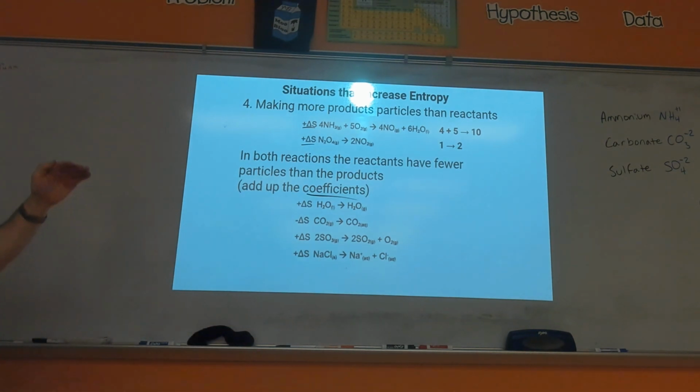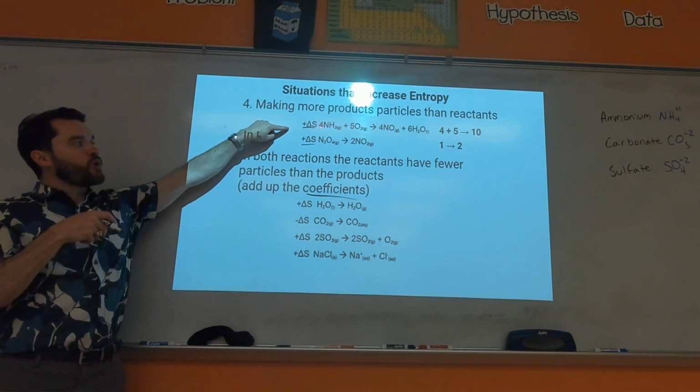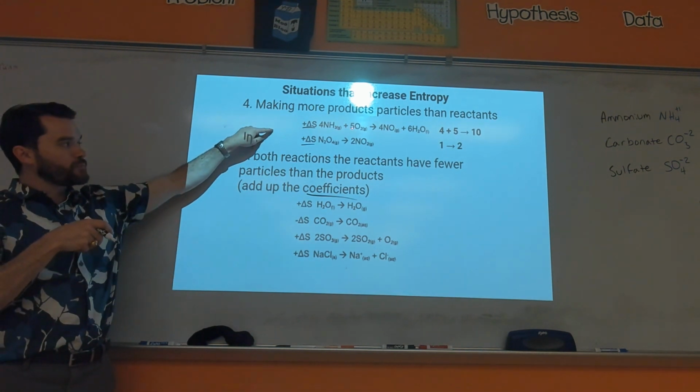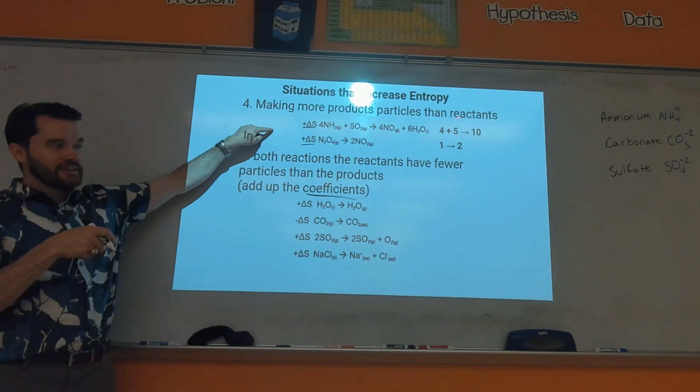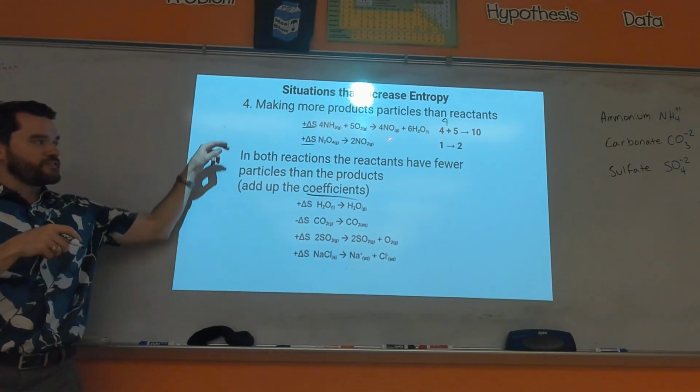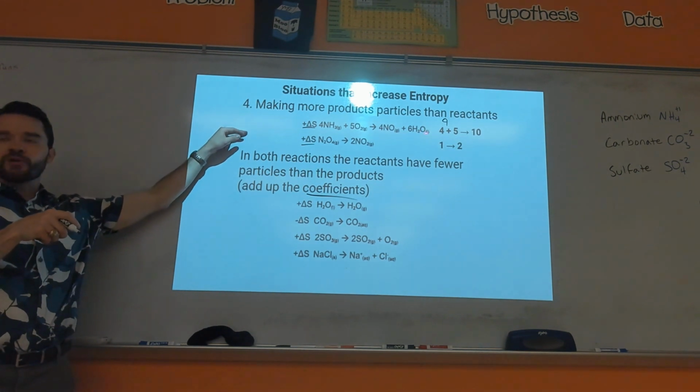So if I give you this reaction, you need to make sure the reaction's balanced. So here's a balanced reaction. Add up the coefficients of your reactants on the left side of the arrow. In this case, 4 plus 5 is 9. Then compare that to the coefficients on the right side in your products.